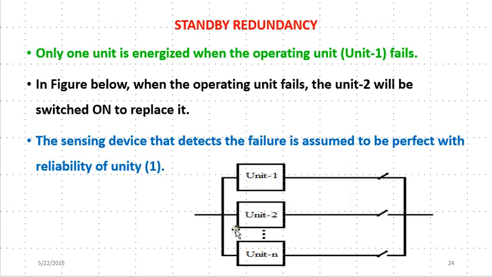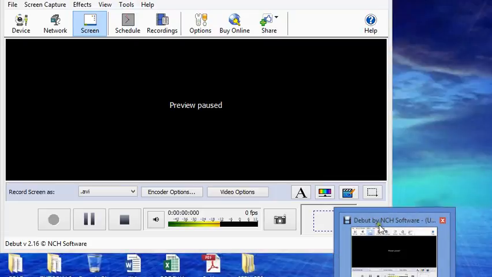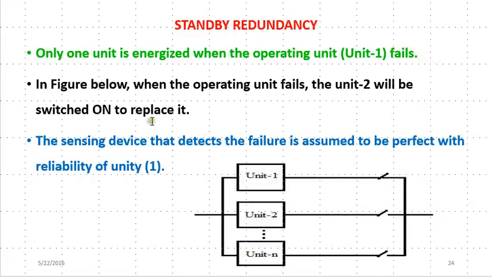For us to understand this, let us look at this diagram. I have unit 1, unit 2 up to unit n, but unit 1 is already switched on and connected, all the others are open. So in this figure, the system is working on only 1 unit. When there is failure in unit 1, then this one will take over. When this fails, then another one will take over.